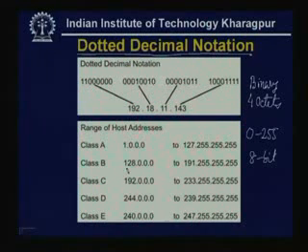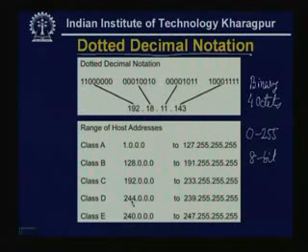If it is between 128 and 191, it belongs to class B. If it is from 1 to 127, it is class A, and then class C is from 192 to 223. Then class D is from 224 to 239, and class E is from 240 to 247.